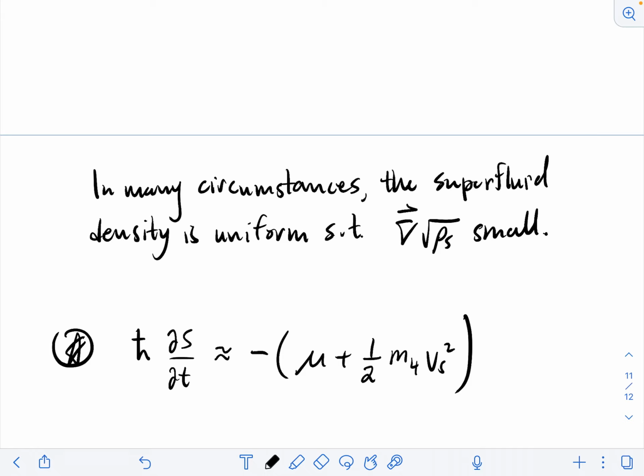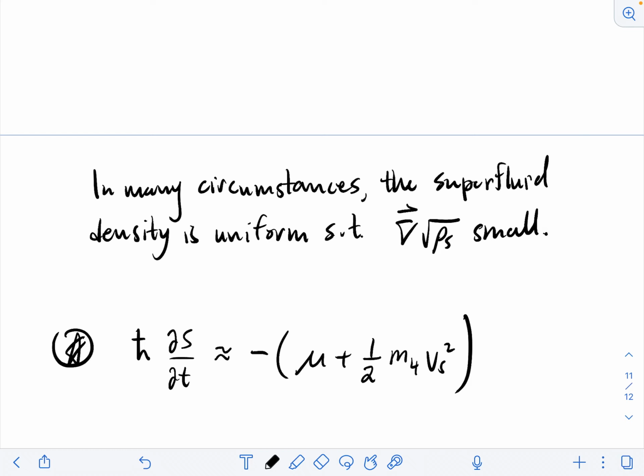And we know that the chemical potential μ was interpreted as the potential energy per particle. So what we have is the potential energy plus the kinetic energy per particle of the condensate is equal to this time derivative of the phase factor in our wave function.